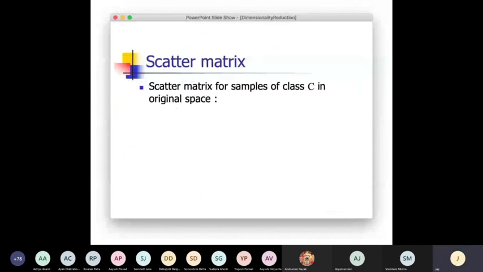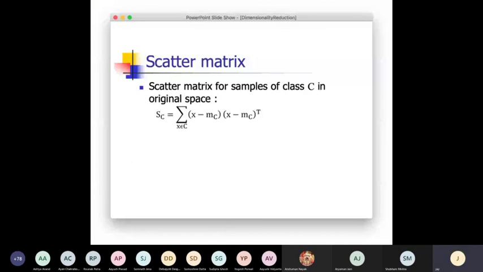So why do we actually consider scatter instead of variance? Just for mathematical convenience. If I had said they are variances, you were almost right, except they are not variances. As you understand, variances should be multiplied by the number of samples.